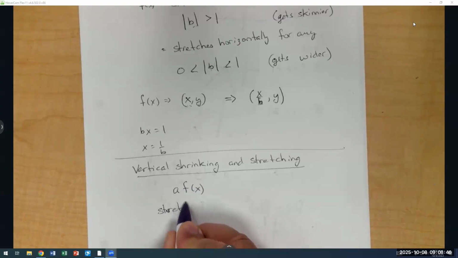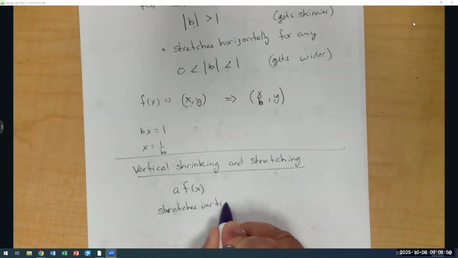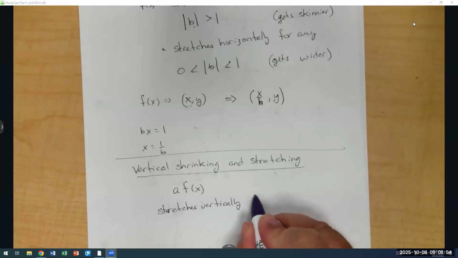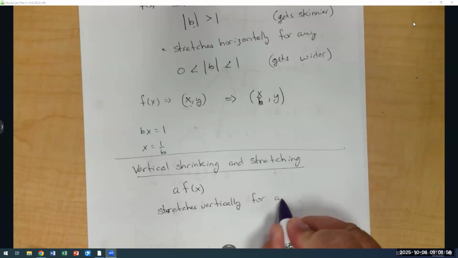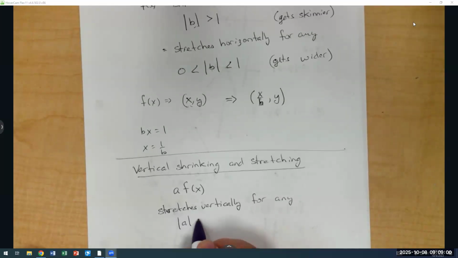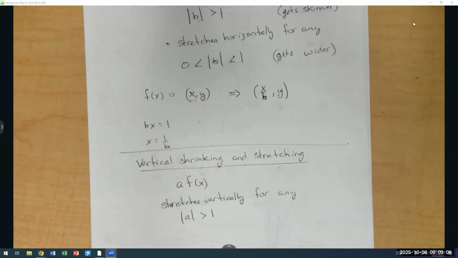It stretches vertically for any absolute value of a bigger than 1. In other words, if your coefficient is an integer or a number bigger than 1, that means your graph will be pulled up and down.